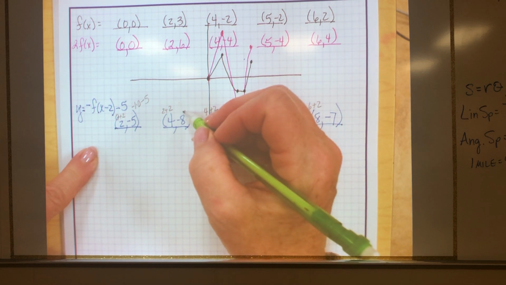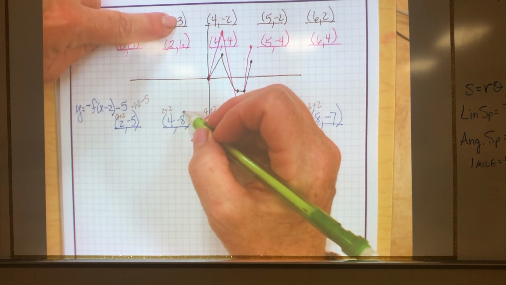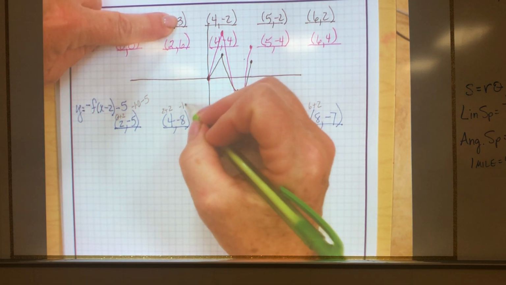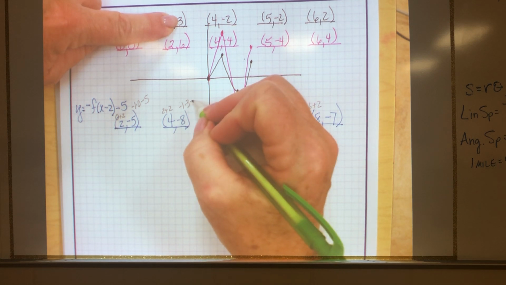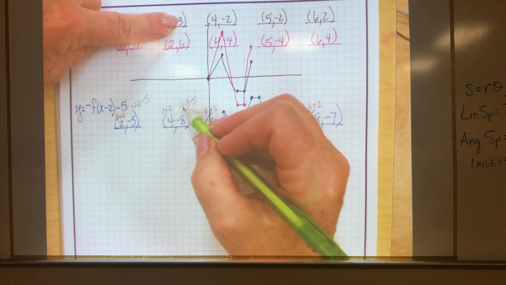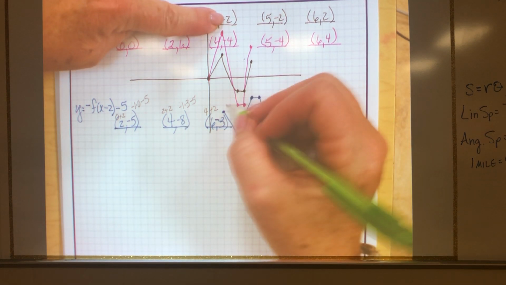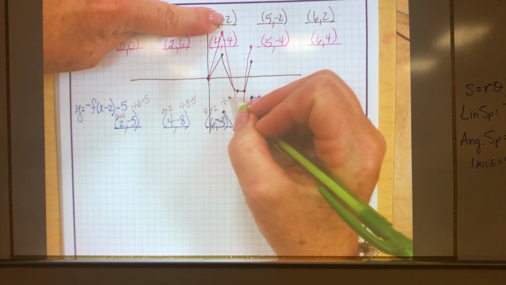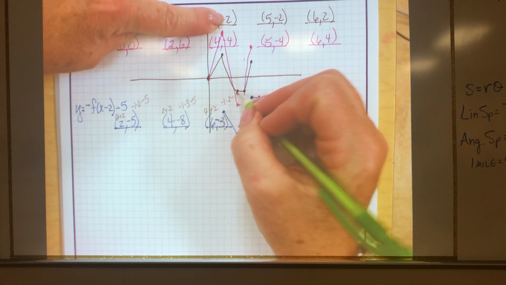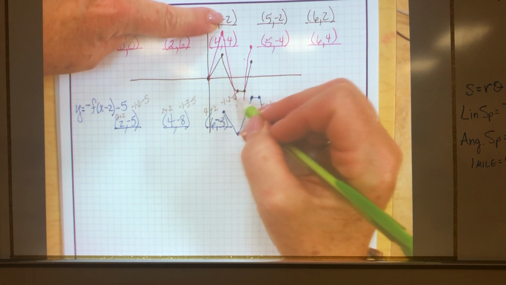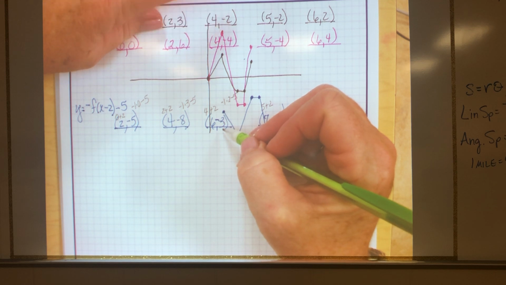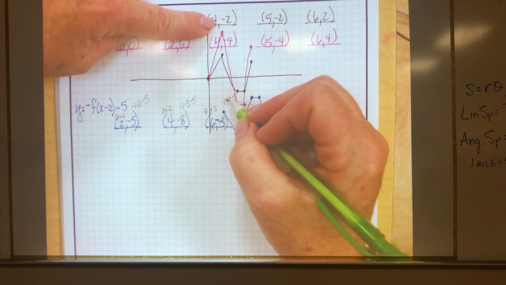This guy right here, negative 1 times this y value. Negative 1 times 3, and then minus 5. Negative 3 and negative 5, negative 8. This y value, negative 1 times 2 minus 5. That's negative 2 minus 5. Oh, it's a negative 2. I was going, whoa, that didn't work.